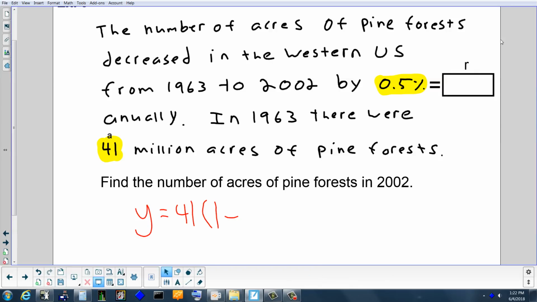I'll move it to the left. How many times? 1, 2 times, right? I got a blank here. What should I put? 0. So what do I get? Point what? Yeah, 0.005, and my parenthesis.